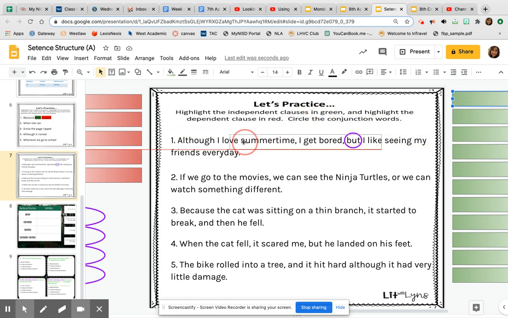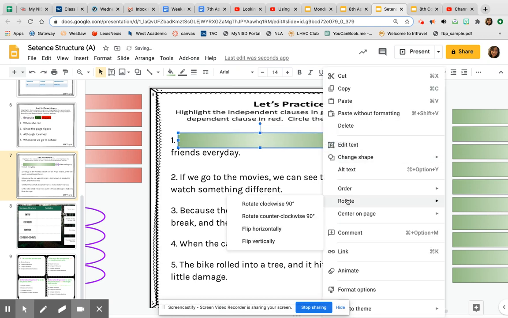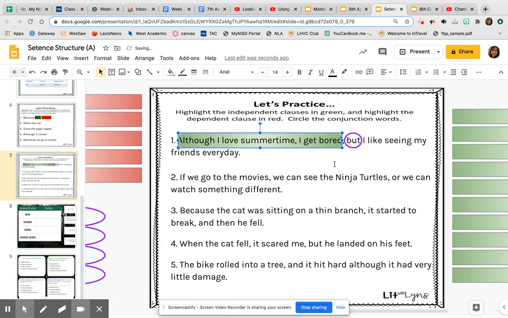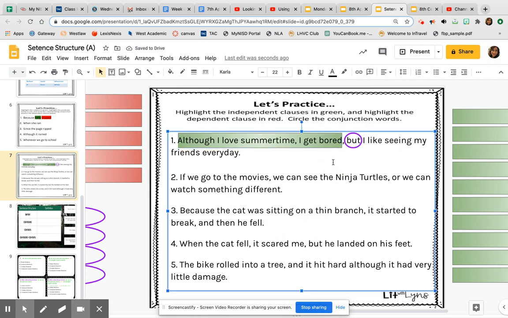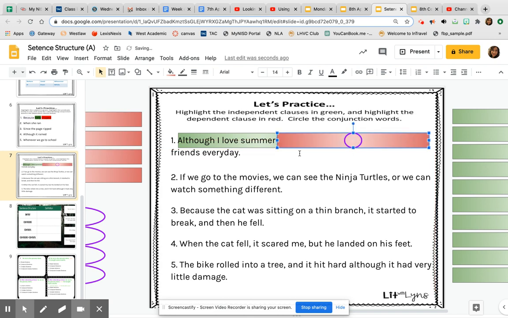So we are going to extend this over, and we will send it to the back so that way it's highlighted. Okay. And then we are going to highlight the second part in red.